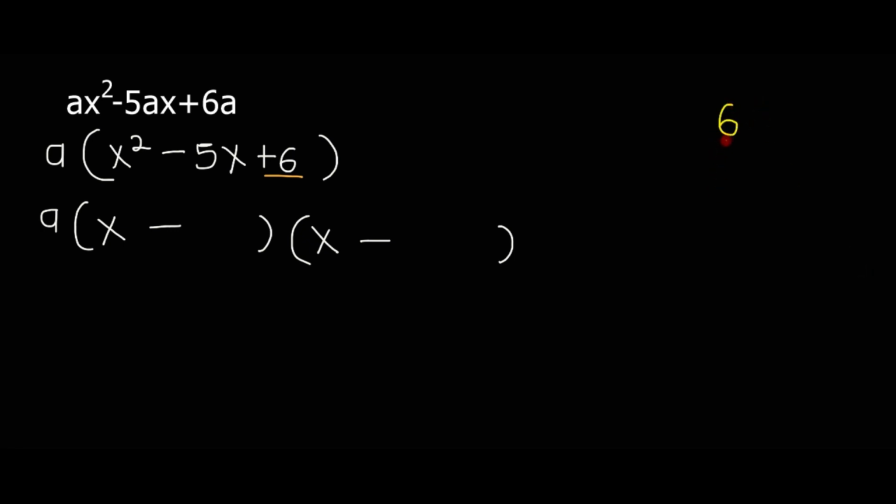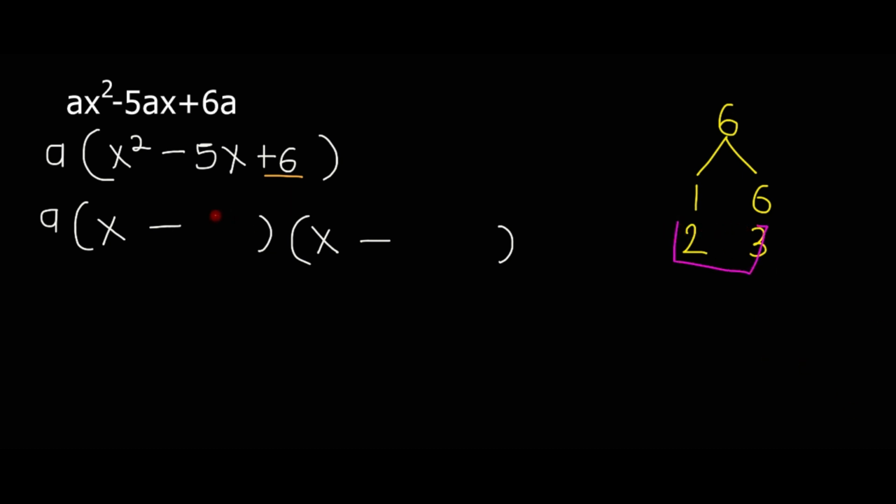We have 6, and then 6 divided by 1 is 6, and then 6 divided by 2 is 3, so those are the factors of 6 done. And then from here we want 2 numbers that when we multiply them give us our constant which is 6, and then when we add them give us the middle term which is negative 5. So we can see that we'll use these 2 numbers.